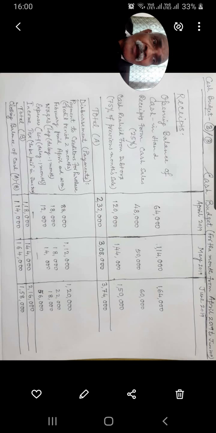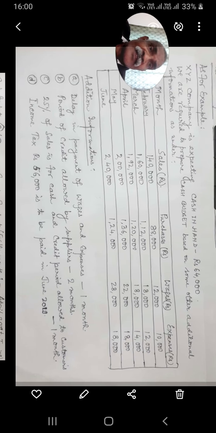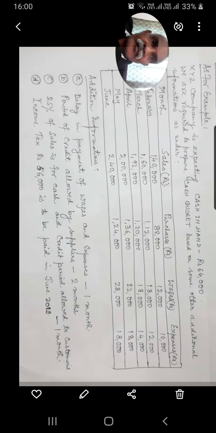How much credit period have you allowed? 1 month. What percent of sales will you receive? 75%. After how many months? After 1 month. So you have to have the detail of sales, because you want to prepare the cash budget of April, May and June.